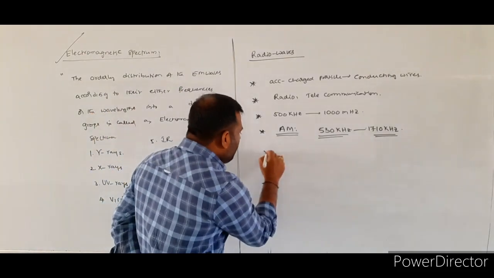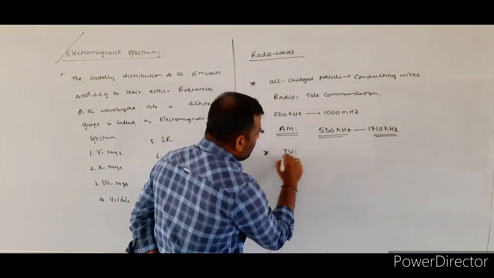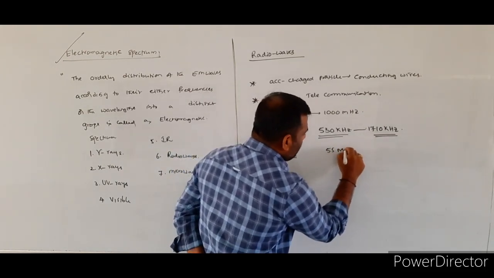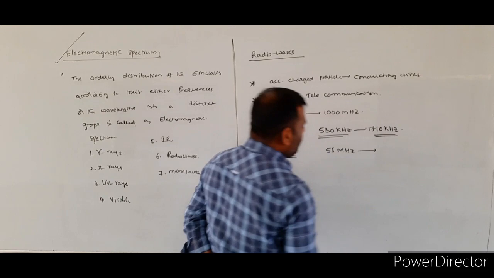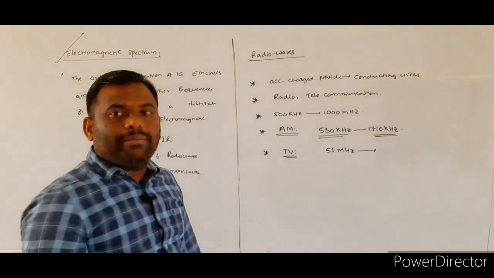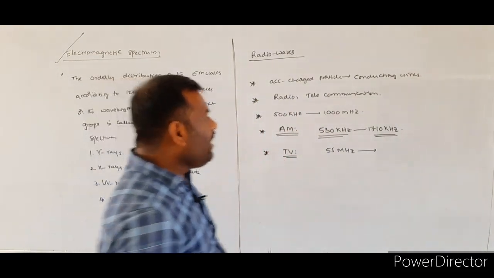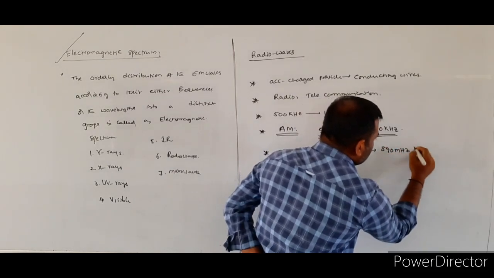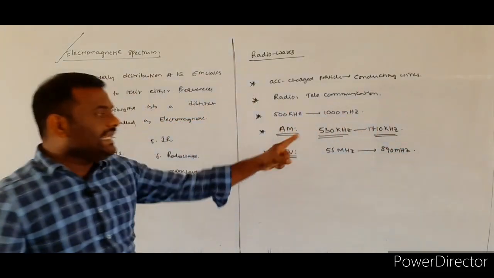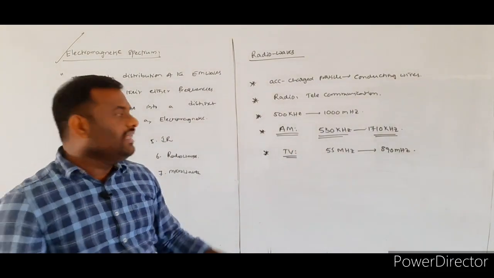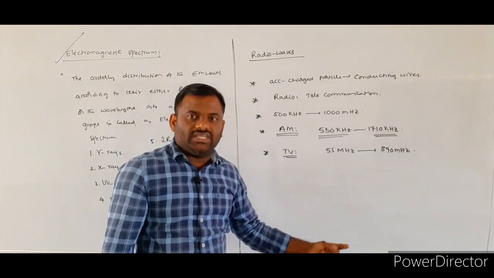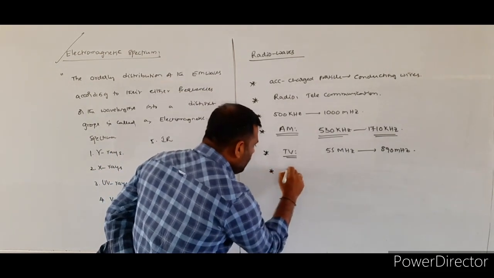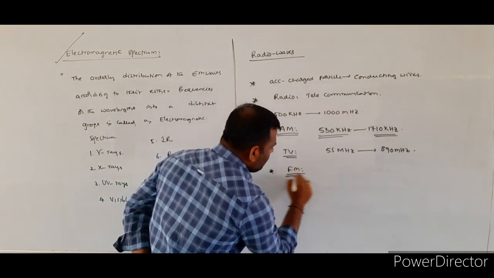Next, for TV communication, we are using radio waves whose frequency ranges from 55 megahertz to 890 megahertz. Next, FM, frequency modulation.